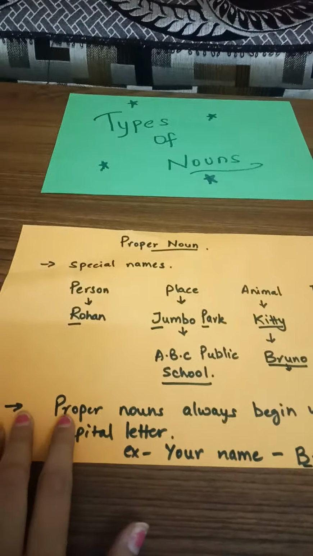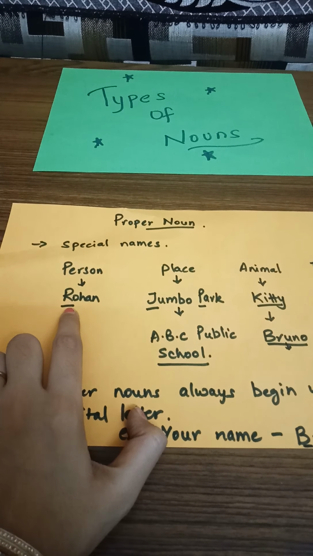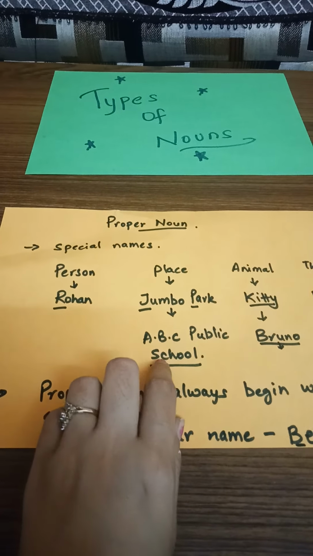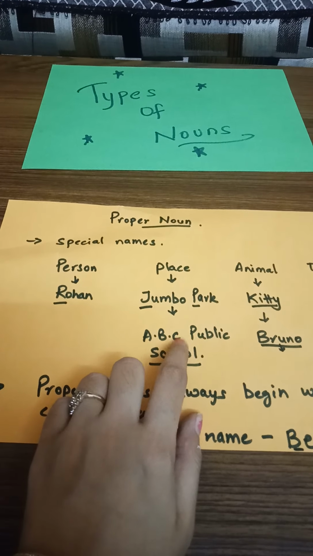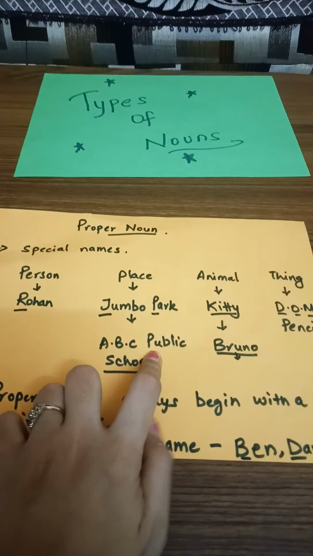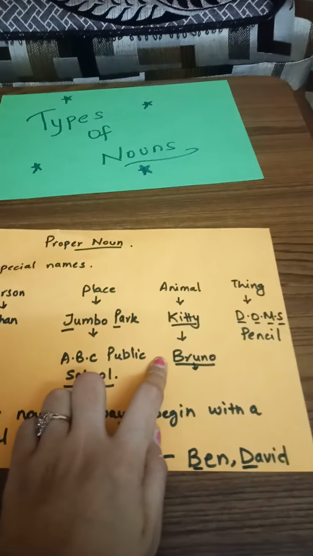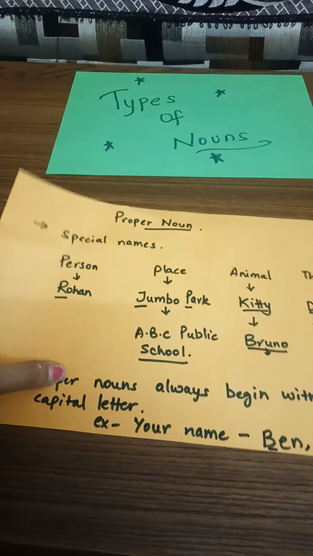Now as you can notice, here in Rohan, R is capital. Here the first letters of A, B, C are capital, and the first letter P of Public is capital. In Kitty and Bruno, the first letter is capital. So proper nouns always begin with a capital letter.